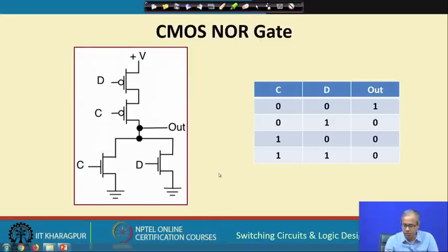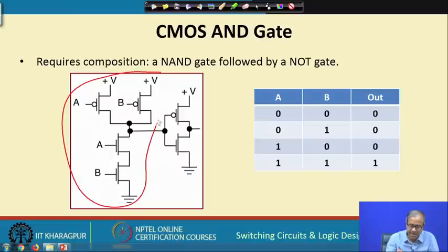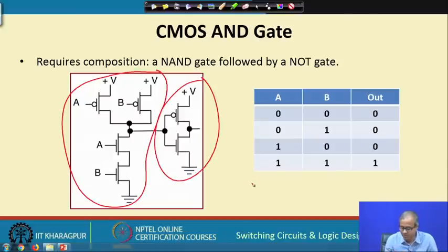Okay. Now, when you want to design the other type of gates, for example, AND, well, in CMOS you cannot directly implement an AND gate. So, what you have to do? You have to first implement a NAND gate followed by a NOT gate. So, in CMOS, you remember, it is much easier to design a NAND gate, more difficult to design a NOT gate, more difficult to design an AND gate.